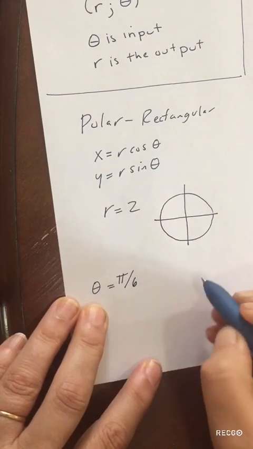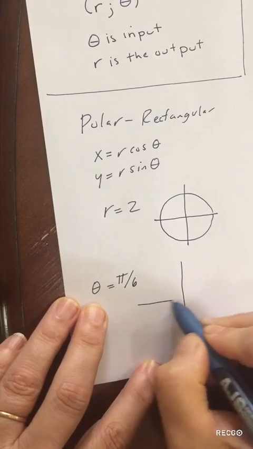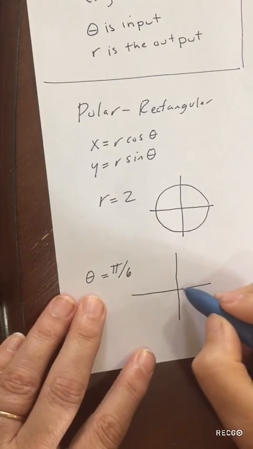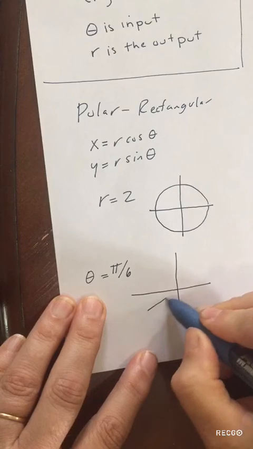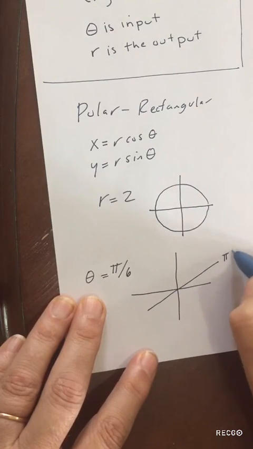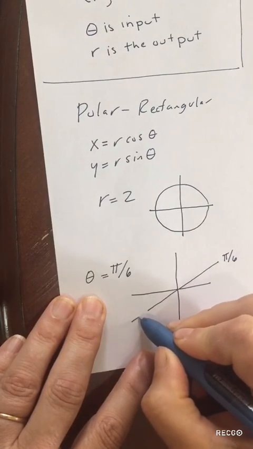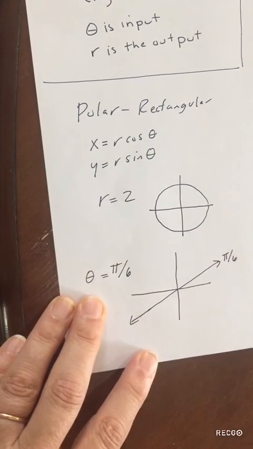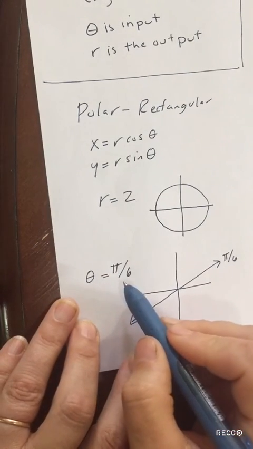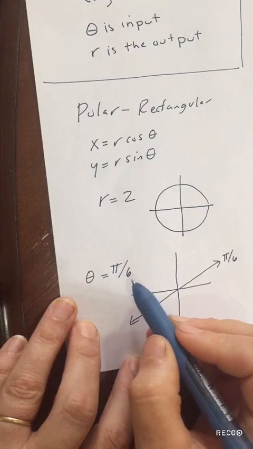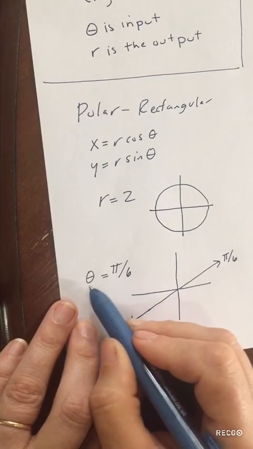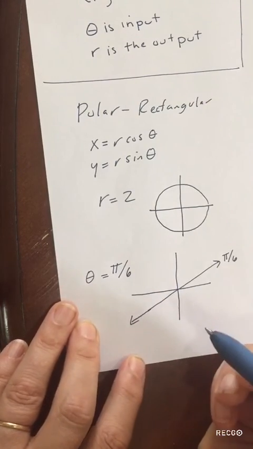For instance, if I want to draw theta equals pi over 6, it's really easy. I just turn pi over 6, and that's my line. Obviously it's assumed r can be anything, just like when you graph x equals 4, y can be anything. So if theta equals pi over 6, r can be anything.